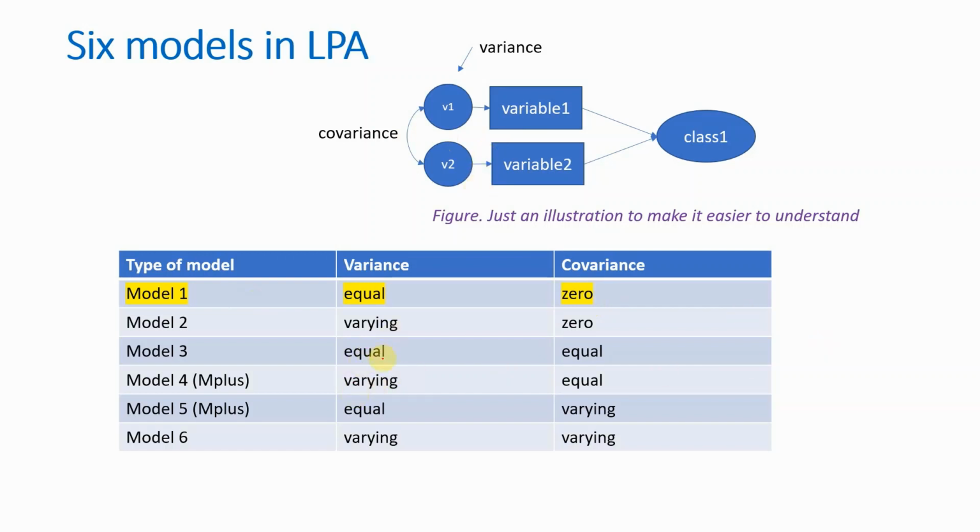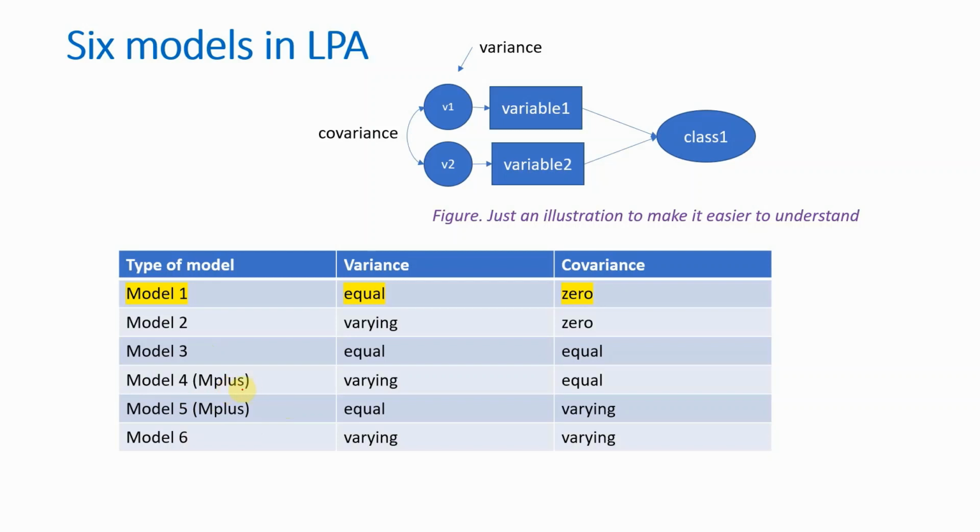A similar explanation can be applied to the other models, 2, 3, 4, 5, 6. But keep in mind that in R, you can only run models 1, 2, 3, and 6. You cannot run models 4 and 5.